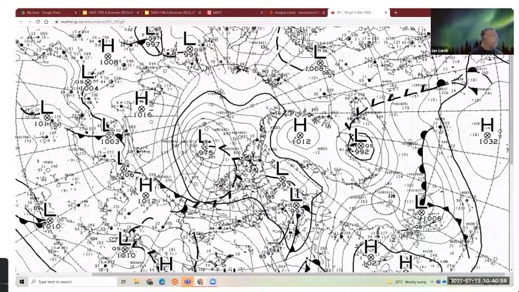Let me get my draw tool again. So let's focus in on perhaps this one right here. Here's our warm front, and here is our cold front. And you can see that there is a central region of low pressure that has been indicated here. So this is an example of a cyclone.